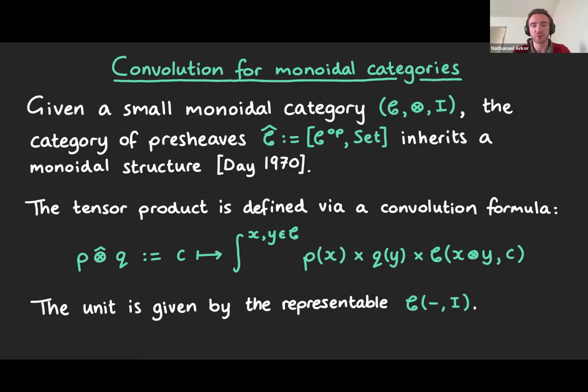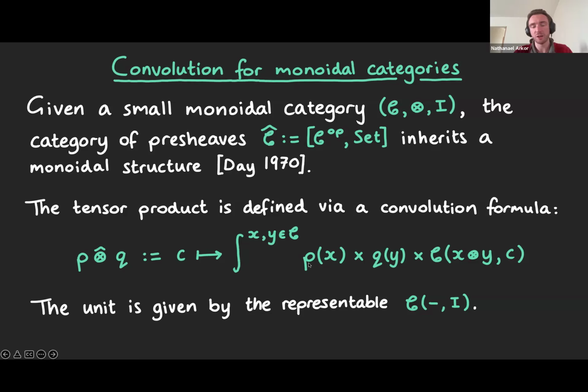Now, the tensor product is defined using this formula, the details of which won't be important for this talk. The thing that will be useful is just to observe the general form of this formula because it's going to come up later. So given two presheaves, P and Q, the tensor product is defined by taking some colimit. So this is a coend here. A coend is a type of colimit.